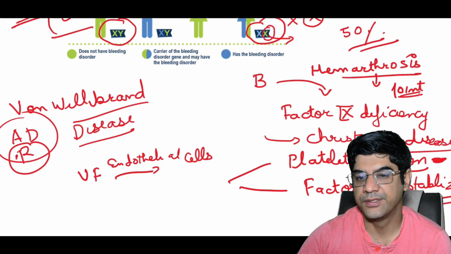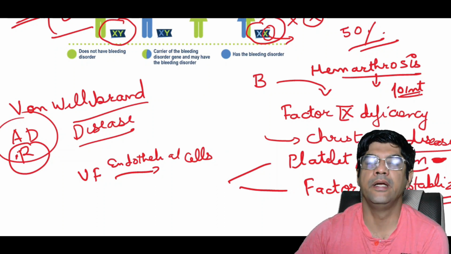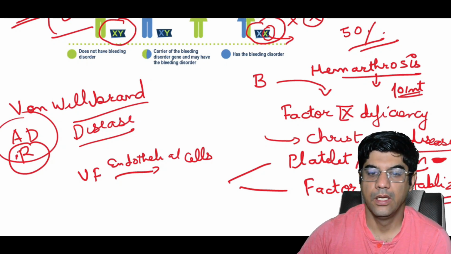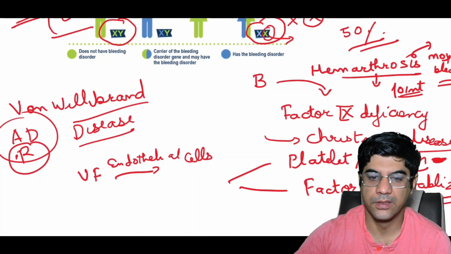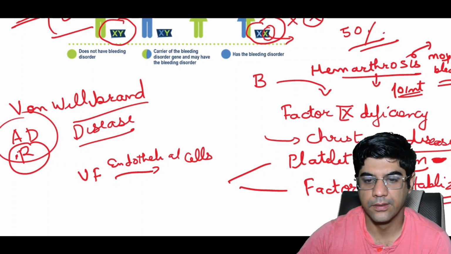The recurrent hemarthrosis can lead to chronic joint damage and joint deformity over time. There may also be nose bleeding, bleeding gums, or heavy menstrual bleeding in females, or there can be bleeding in the GIT tract.